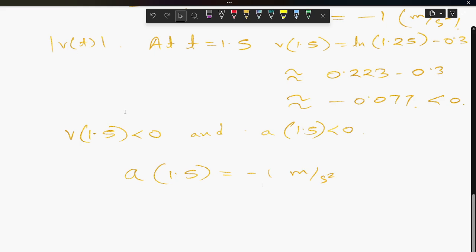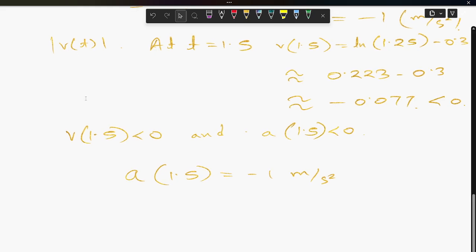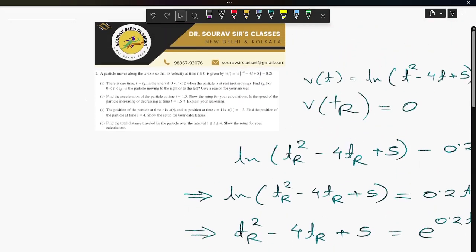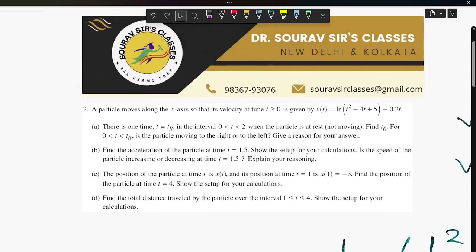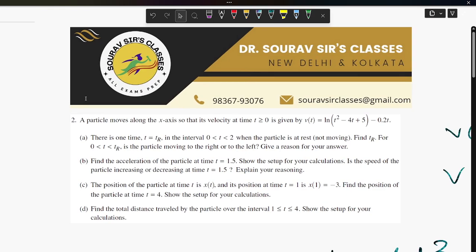Okay, so now we are moving towards part C of this question. Part C says that the position of the particle at time t is x of t, and its position at time t equals 1, x of 1, is equal to 3. Okay, so find the position of the particle at time t equals 4.